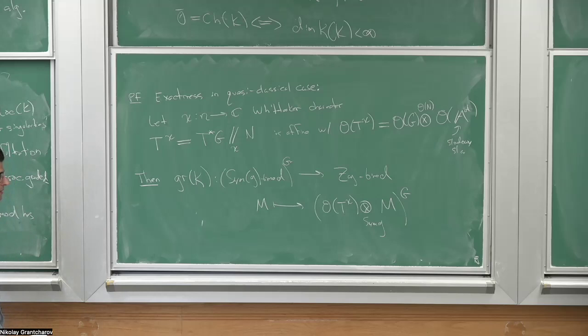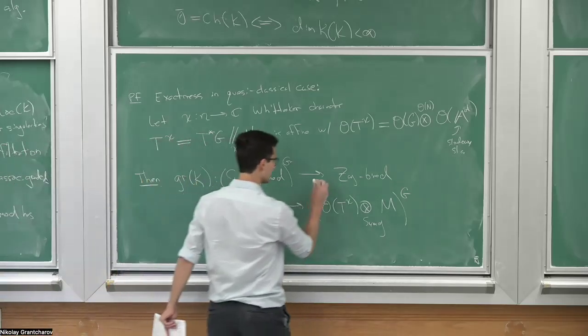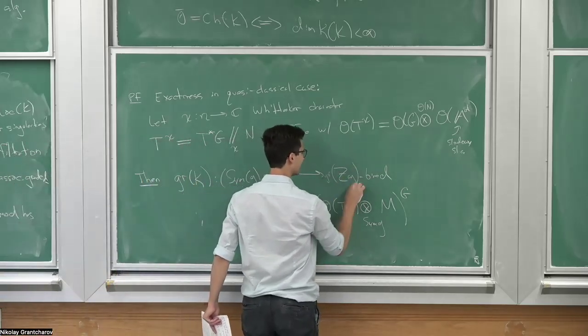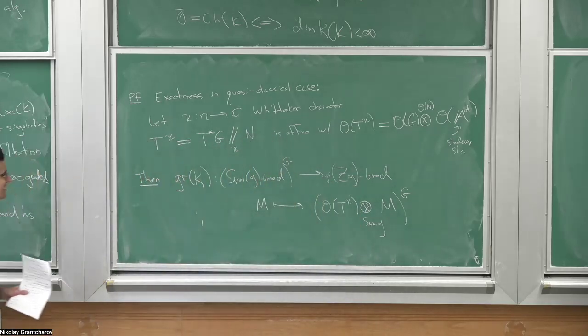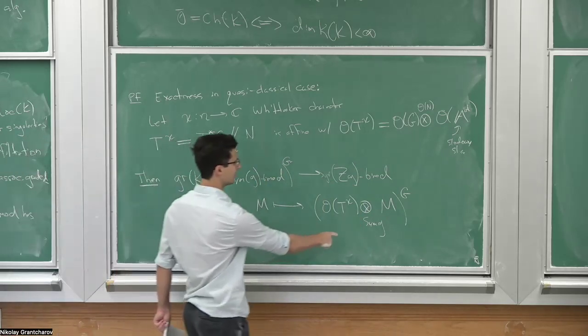ZG is commutative, but it's not canonically isomorphic to its own associated graded. The associated graded algebra is Sym G invariants. Right?